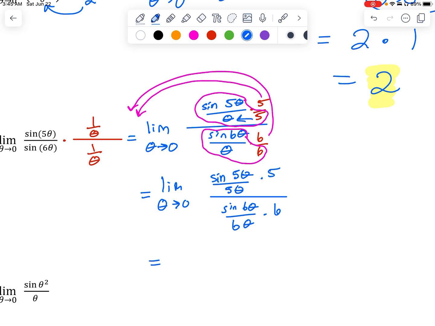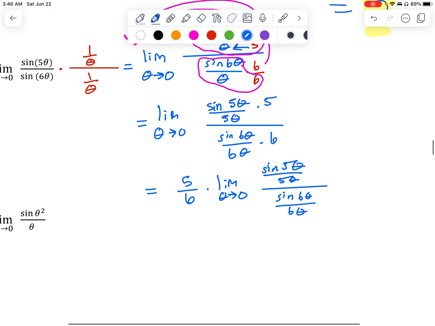So I get 5 over 6 times the limit as theta goes to 0 of sine 5 theta over 5 theta, all over, not all over, sorry, just this piece over sine 6 theta over 6 theta. Now with the quotient rule of limits, remember this is not a derivative, so we don't have to do the quotient rule where we do low-d high or anything like that.